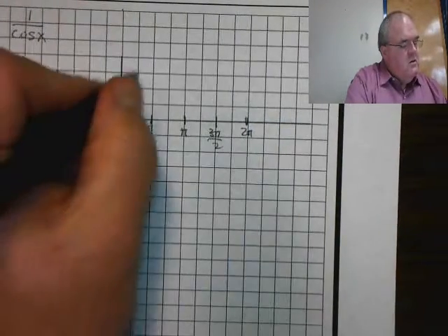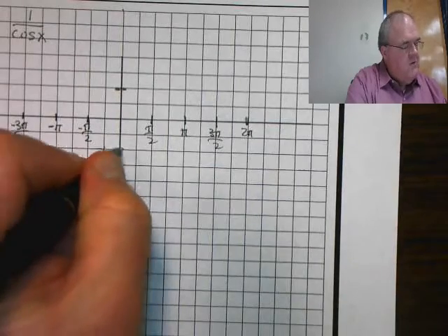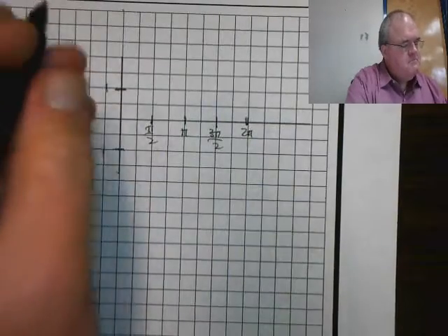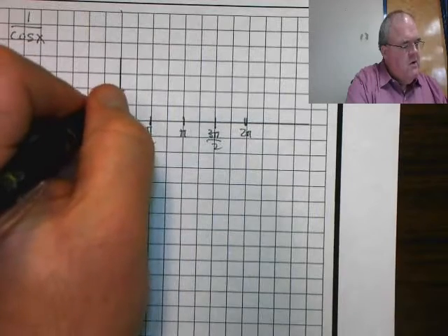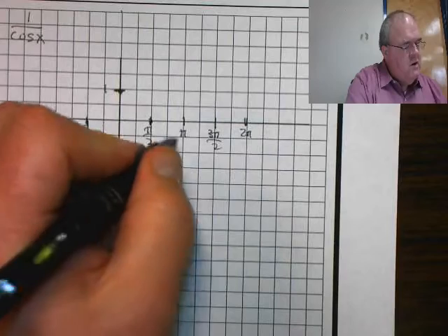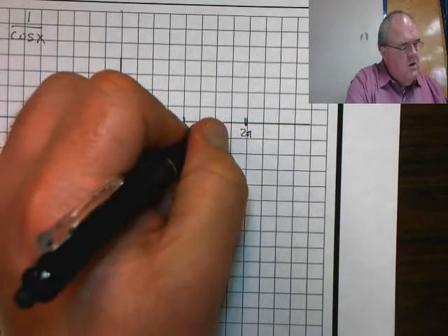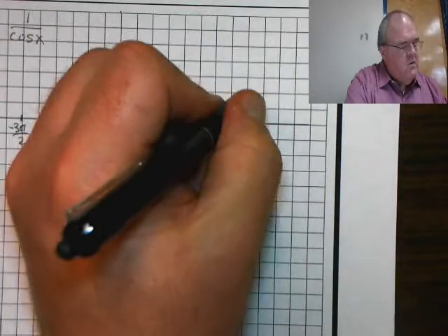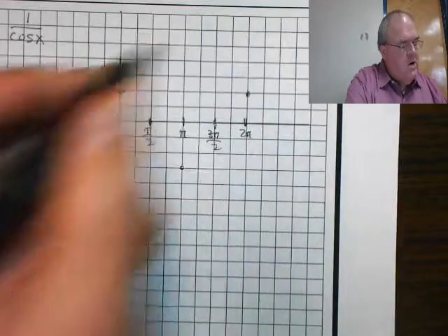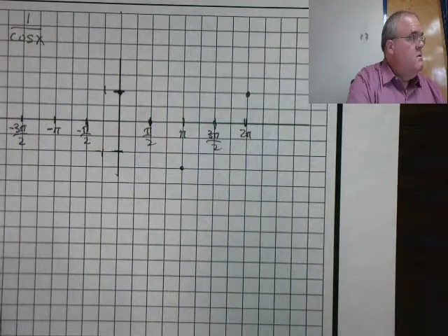And I'm going to say there's 1 and negative 1. So the cosine of 0 is 1. Cosine of pi over 2 is 0. Cosine of pi is negative 1. 3 pi over 2 is 0. 2 pi is 1. And those are things you should have memorized.